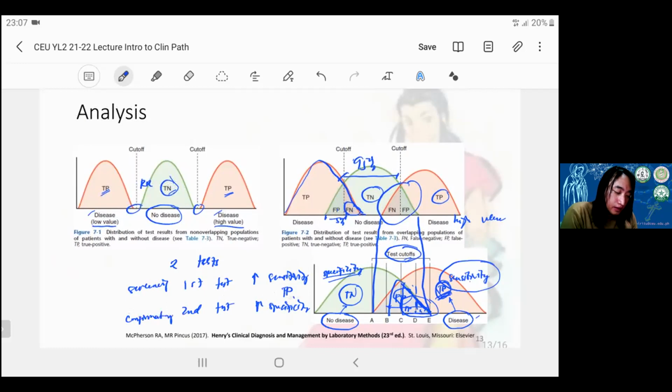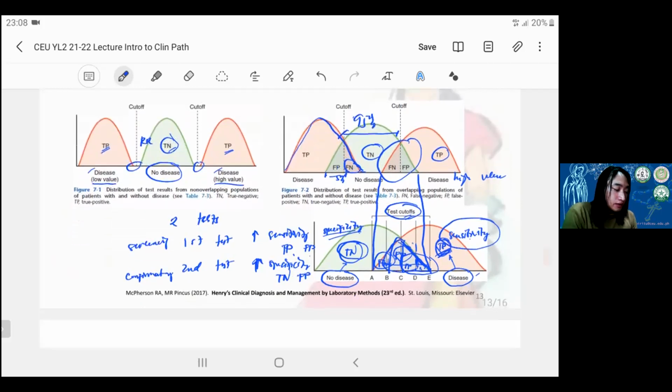Tests that have high specificity would identify your true negatives, as well as your false negatives. So this will decrease the chance that you have the false positive. So you're actually taking the cross section, thereby increasing the accuracy of your test.